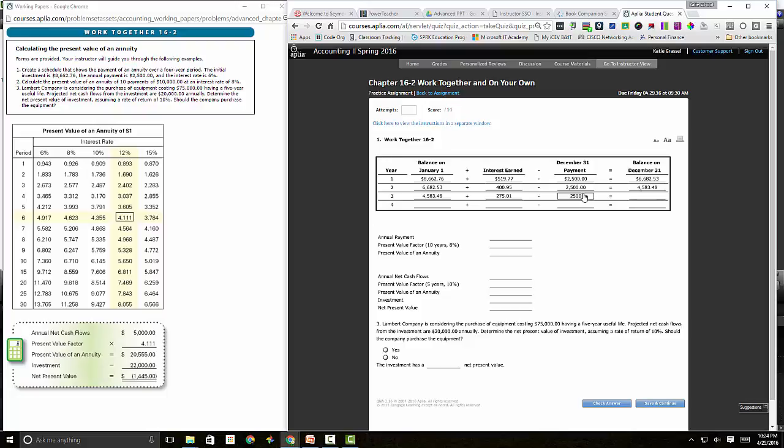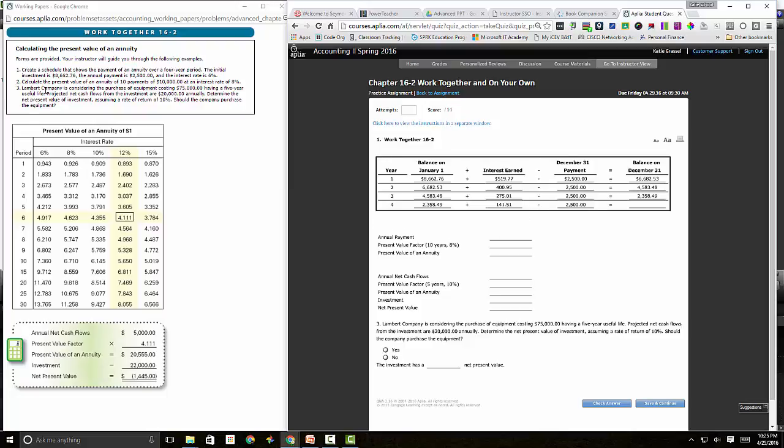Same payment, that's why it's called an annuity. Multiply that by 6%. And that's what's going to come out there for our schedule to show our annuity payment over that period.